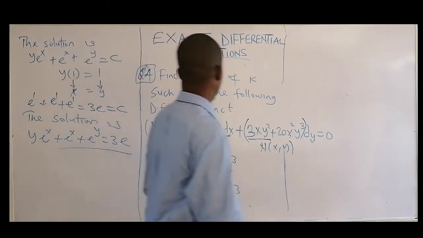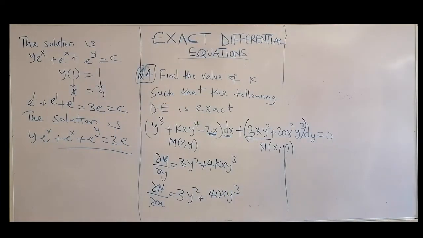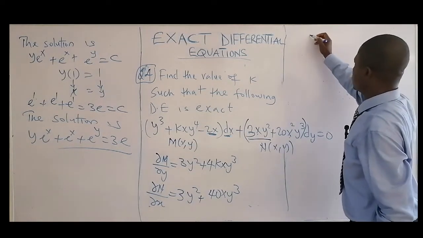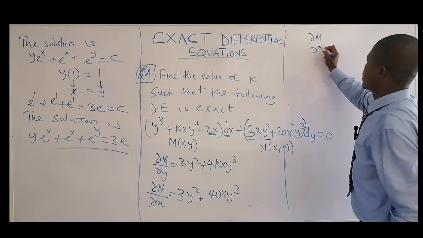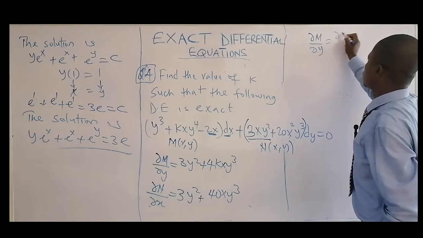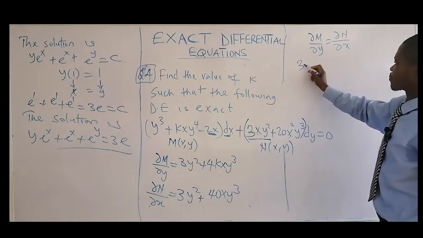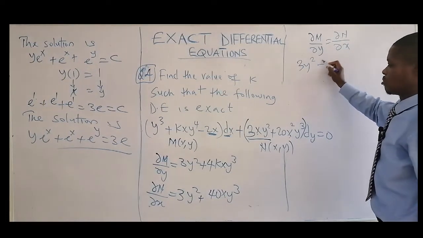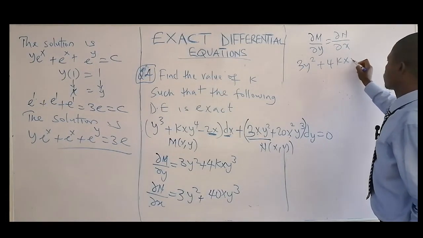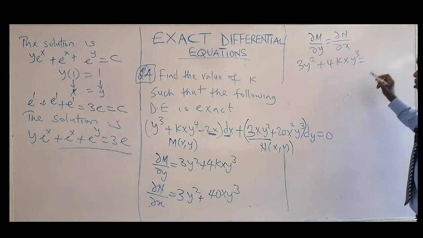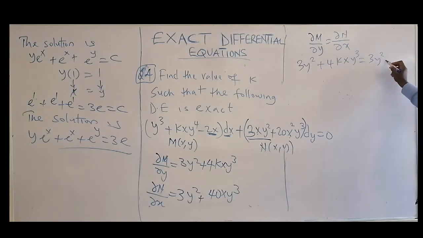Find the value of k such that the following differential equation is exact. It's already exact, they told us. Then that means the partial of M with respect to y must be equal to the partial of N with respect to x. Let's do that. 3y squared plus 4k x y cubed is equal to 3y squared plus 40x y cubed.